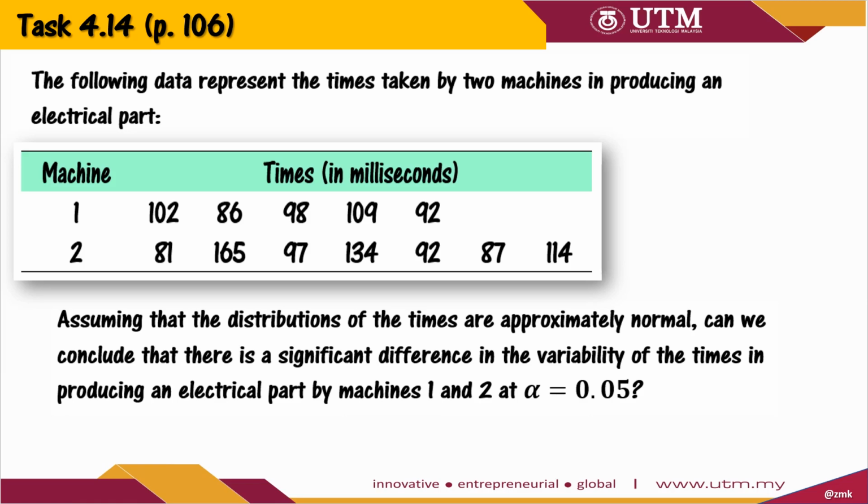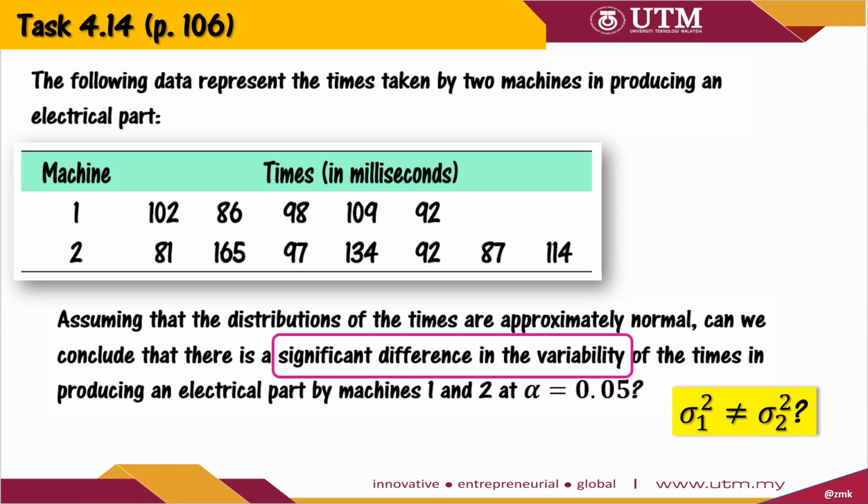Here we are to test if there is any significant difference in the variability of the times, that is, to test if sigma 1 squared is significantly different from sigma 2 squared. So we need to know the sample variances or sample standard deviations from the sample data. From machine 1, we can directly see that N1 is 5, and from a scientific calculator, we can calculate S1 equal to 8.8769.